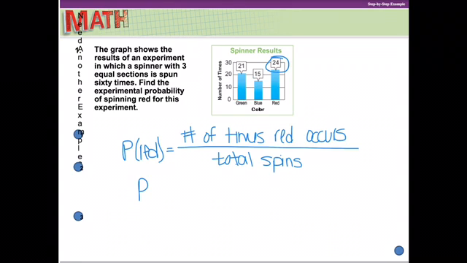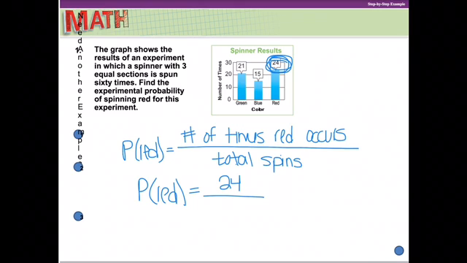So our probability of red is 24, because we know, shown by the graph, that red showed up 24 times with the spinner. And the total number of spins, well, we know how many times green, blue, and red showed up.